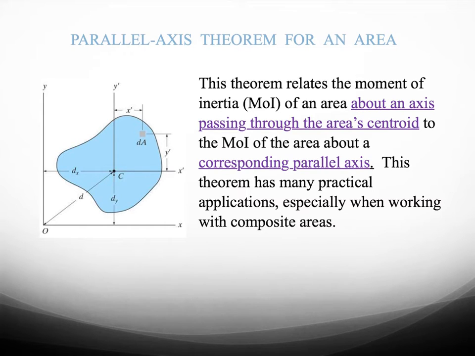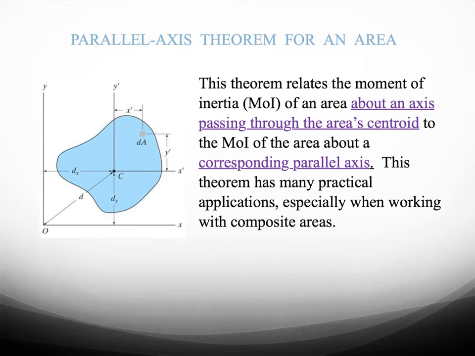Now, it turns out that a theorem that's going to be useful for you is called the parallel axis theorem. The parallel axis theorem has to do with calculating the moment of inertia of a certain area if you know the moment of inertia when the axes go through the centroid. But now you're not trying to find the moment of inertia around those centroid axes, but around axes that are parallel to them.